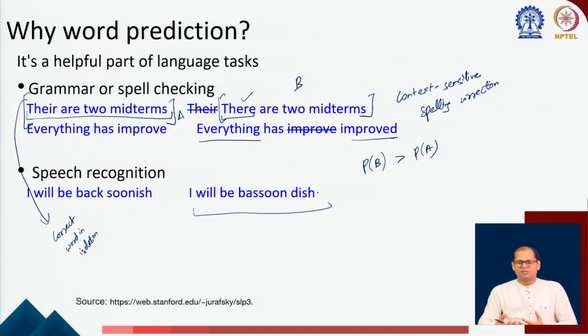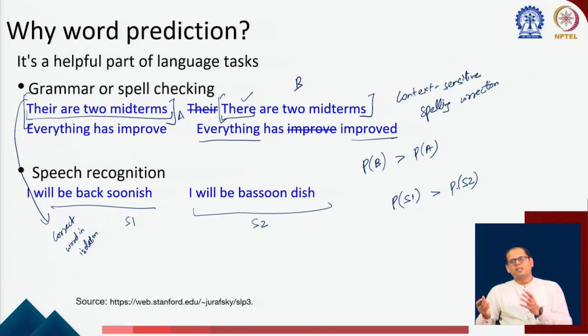But the ASR models can possibly give you this second output. Then you can use language modeling to say, okay, this sentence S1, this sentence S2, and the probability of S1 is higher than the probability of S2. So if my ASR model is giving output for both the sentences, I would choose S1 and not S2.